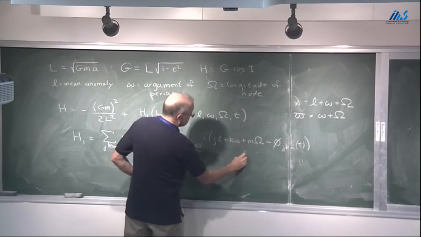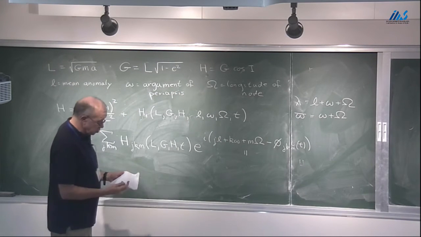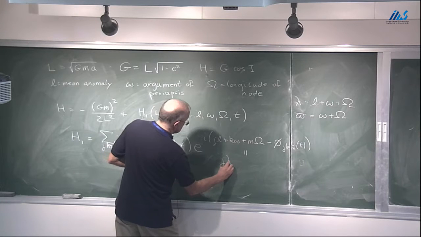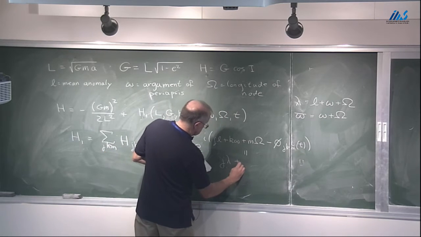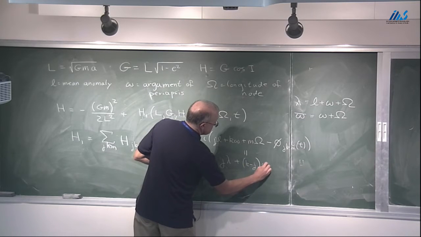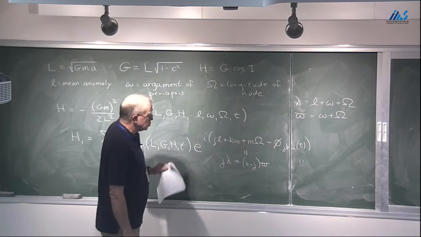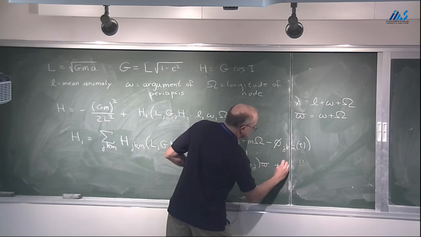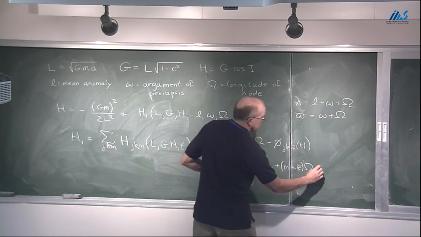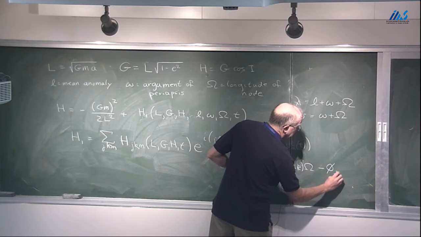And so in those variables, the argument of the exponential would be j times lambda plus k minus j times the longitude of periapsis plus m minus k times capital omega, minus the function of time.